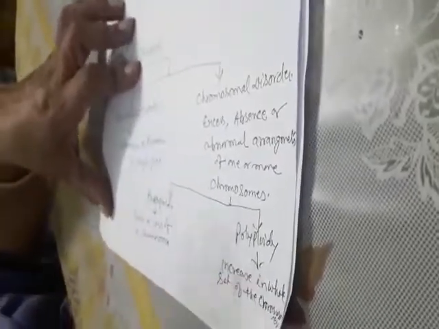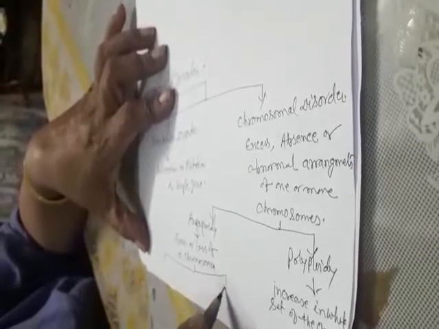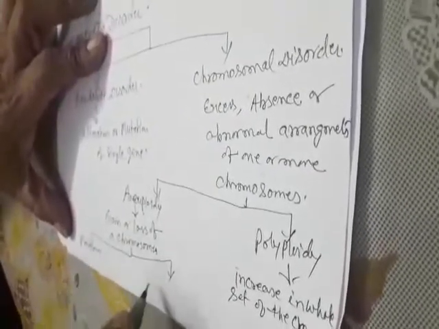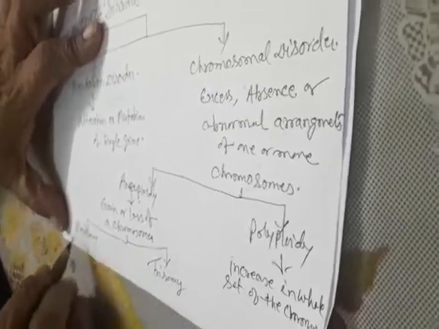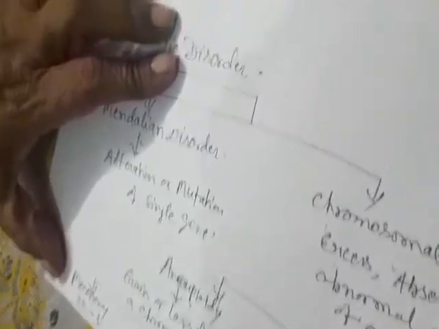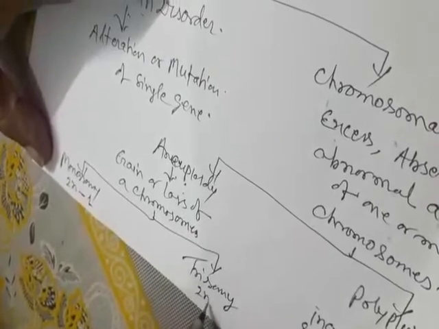So aneuploidy, two types, monosomy and trisomy, that is absence of a chromosome, 2n minus 1, and addition of a chromosome, 2n plus 1. So let's see.